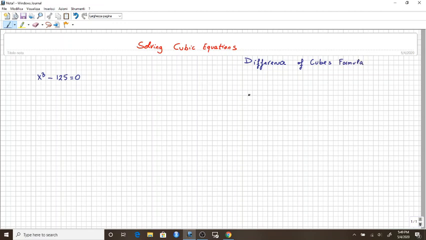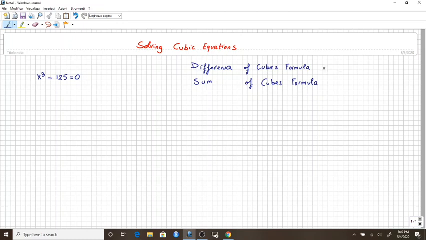And then here I'm going to write the sum of cubes formula as well. And this is what we're going to use.